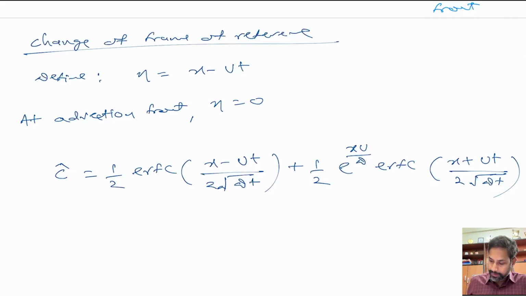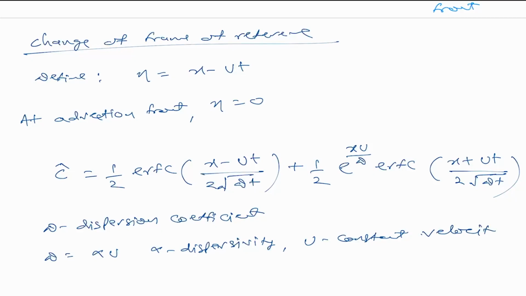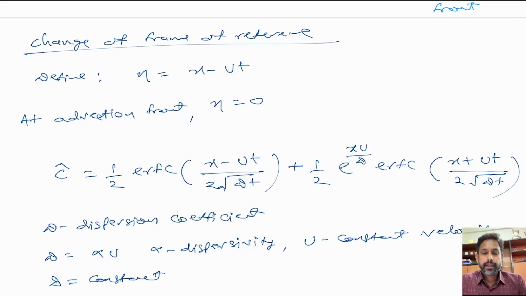All right, and d here is the dispersion coefficient, which is actually defined as some alpha u, where alpha is the dispersivity, and because u is constant here, this is basically the constant velocity, d here is considered constant in this case, and that is why we take it outside the differential equation and we derive this particular equation.